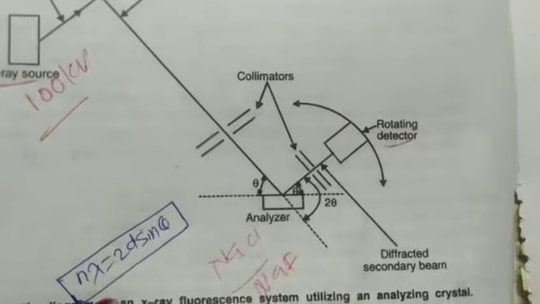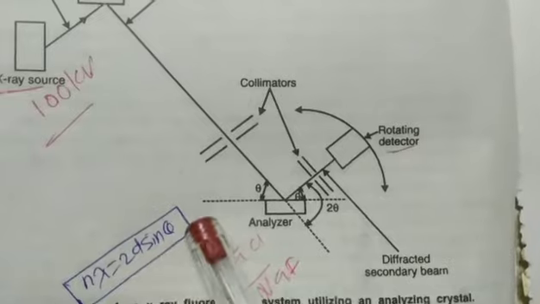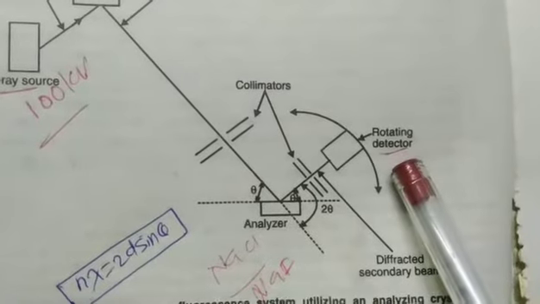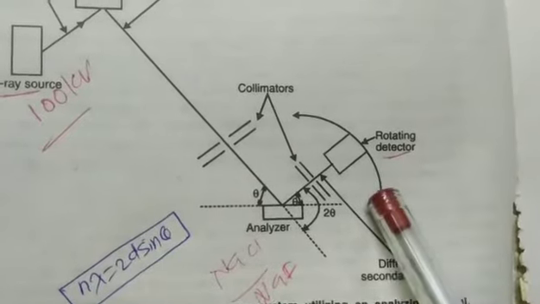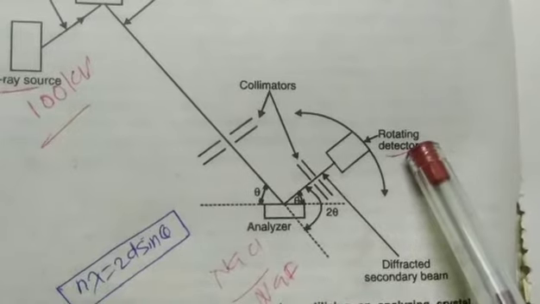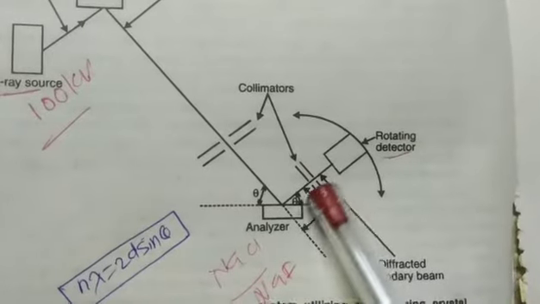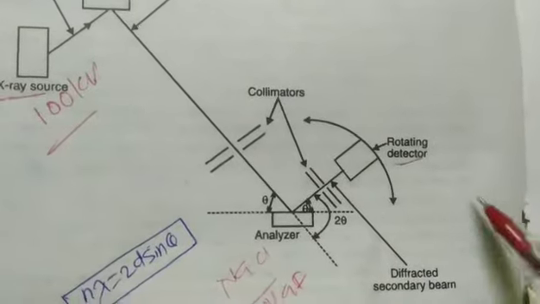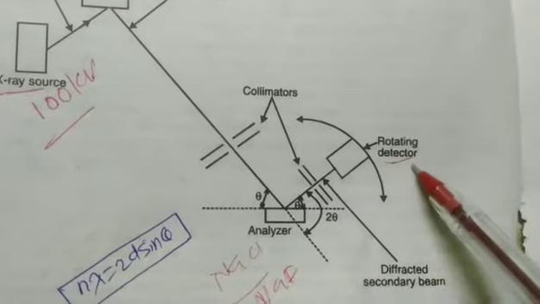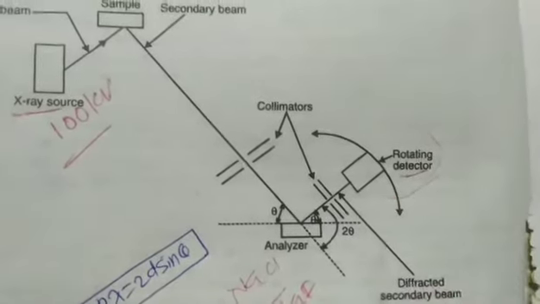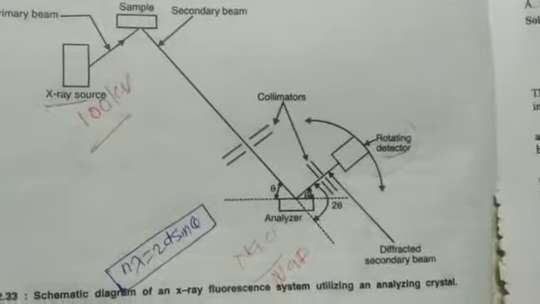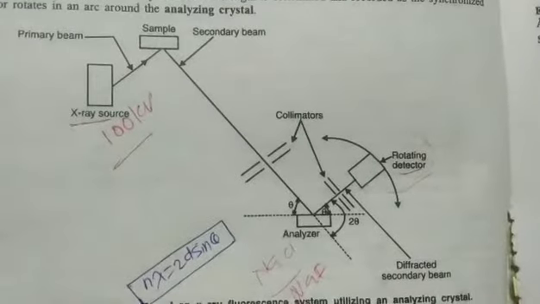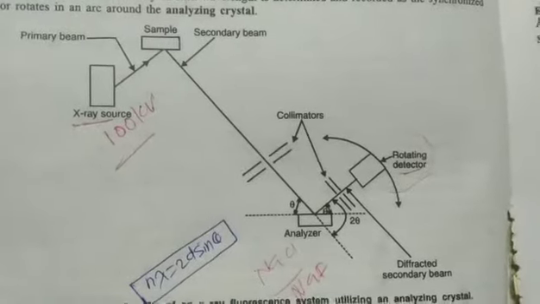So n lambda is equal to 2d sin theta. We detect the diffracted X-ray beam by using a rotating detector. So this is all the instrumentation of XRF.